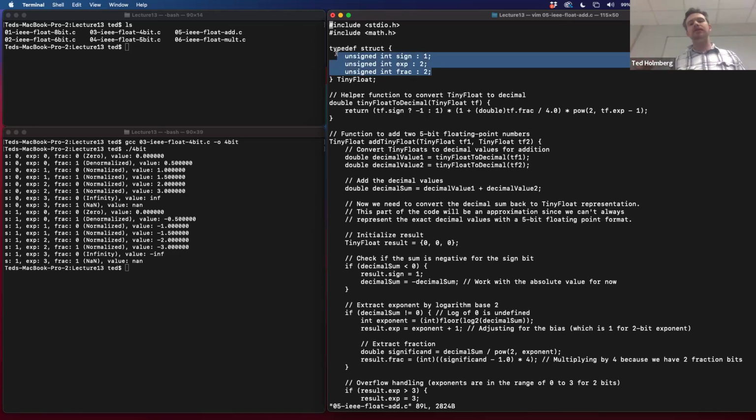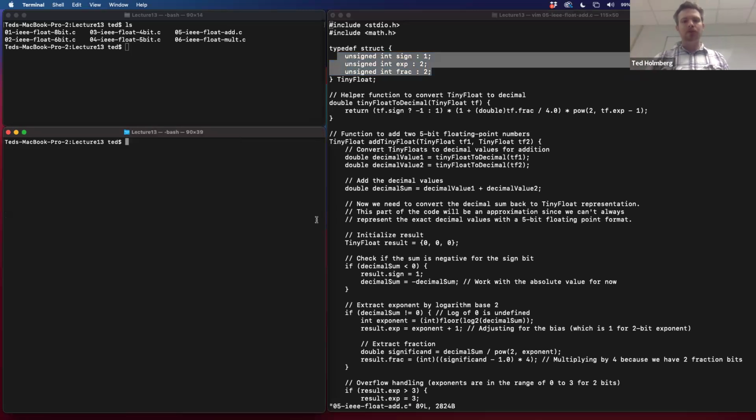We'll have 1 bit for the sign bit, 2 bits for the exponent, and 2 bits for the fraction. We've already seen this implementation before, just a moment ago. But now we've added an ability, add tiny float, that takes two float values, adds them together, and applies the rules stated for the IEEE. And we're going to see what the result of that is.